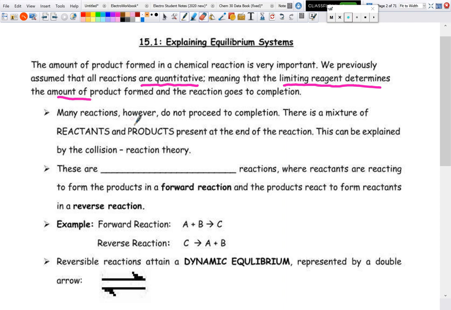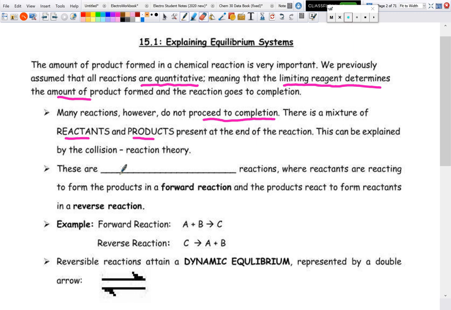Now, however, many reactions do not proceed to completion. So that means there's going to be a mixture of reactants and products present at the end of the reaction, and this of course can be explained using the collision reaction theory. As we know, things actually need to collide in order to react, so as all the reactants are being consumed and there's not a lot of reactants left, it's very hard for those reactants to find each other, and then of course the products can also collide with each other and react as well.